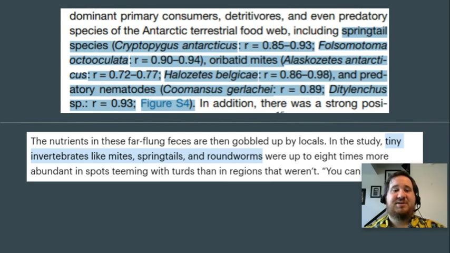I have no idea. So why don't we go to the public article, and in the far-flung feces, we can find tiny invertebrates like mites, springtails, roundworms. So there you have, instead of orbatid mites and predatory nematodes, we have mites, springtails, roundworms. Oh, okay, well that's a little easier to understand.